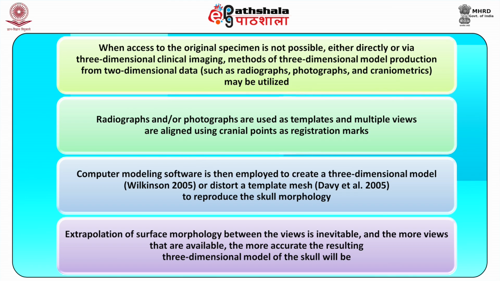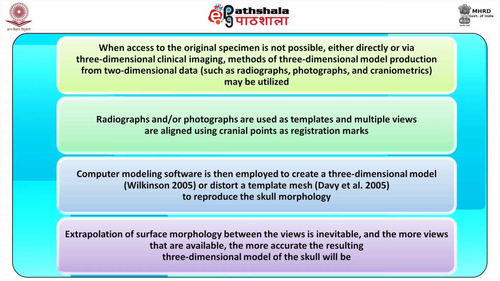Radiographs and photographs are used as templates and multiple views are aligned using the cranial points as registration marks. Computer modeling software is then employed to create a three-dimensional model, as stated by Wilkinson in the year 2005, or distort a template mesh, as carried out by the studies of Davy et al., all in the year 2005, to reproduce the skull morphology.